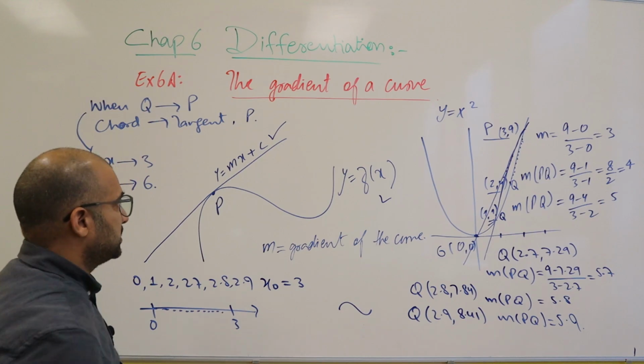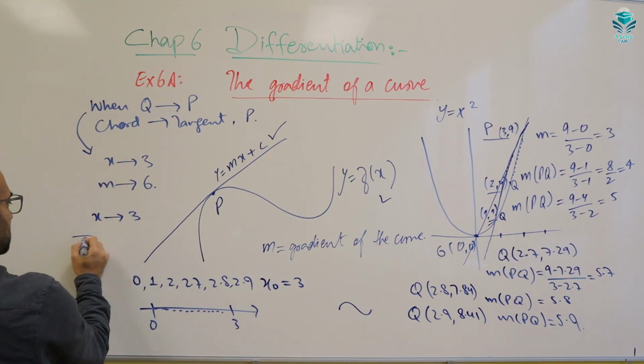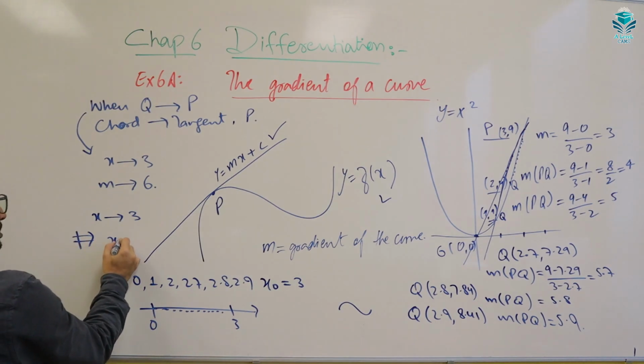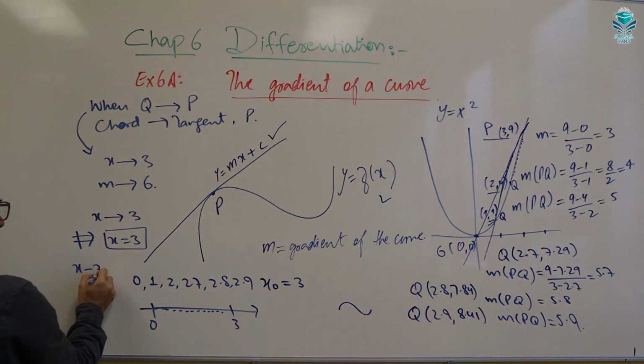When we say x approaches 3, it does not mean x equals 3. It means that the difference between x and 3 is very small.